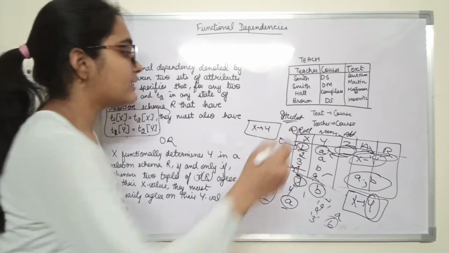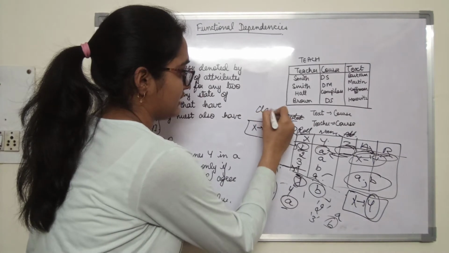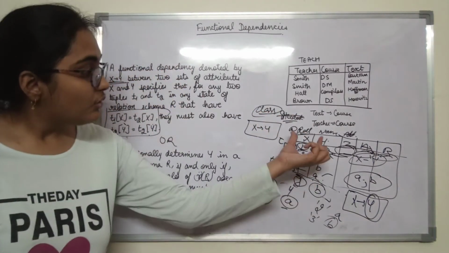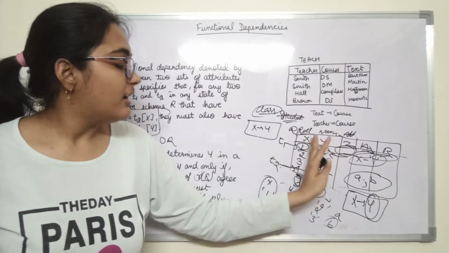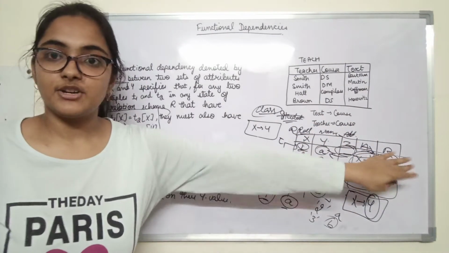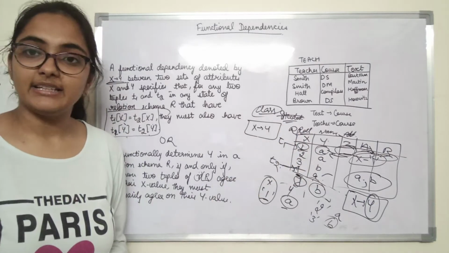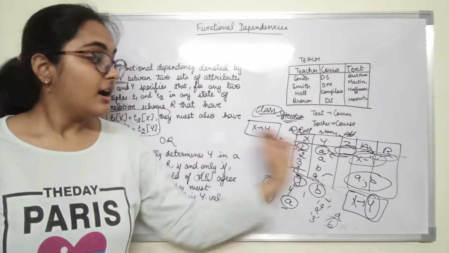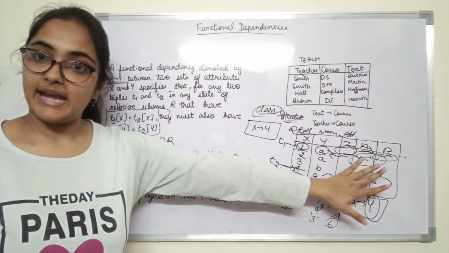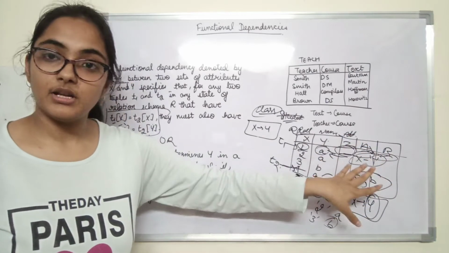So let us say this is a class relation schema, right? So then roll number can functionally determine any attribute or any subset of attributes. Why? Because it is designed like that, or it is the inherent meaning of the attribute roll number, that it can determine any particular value of a particular attribute, right?